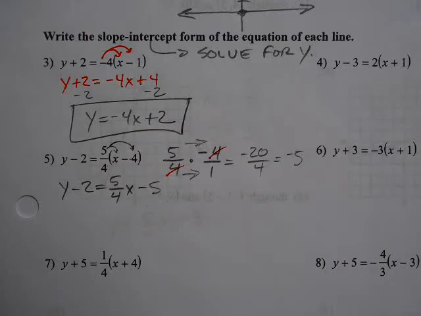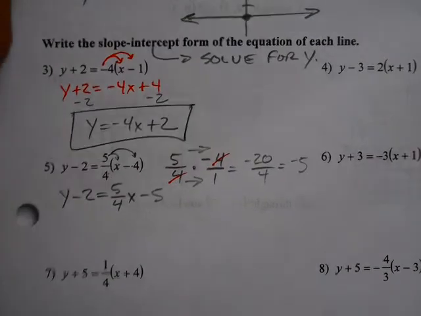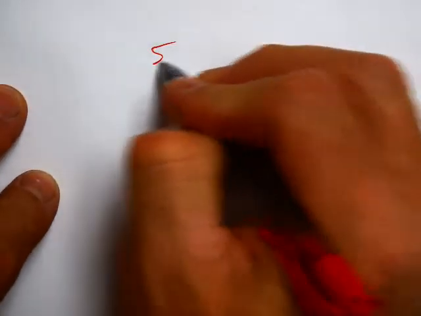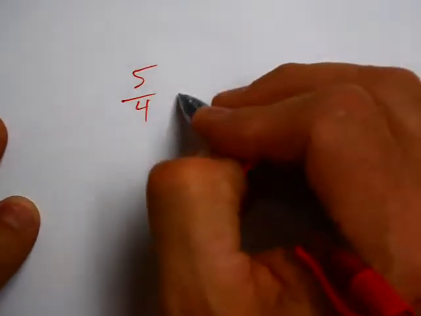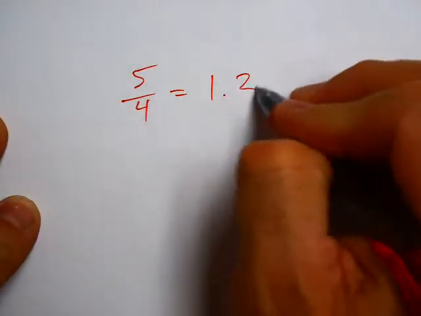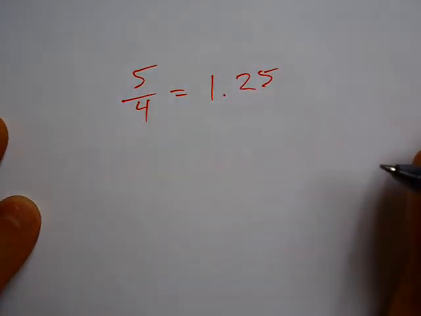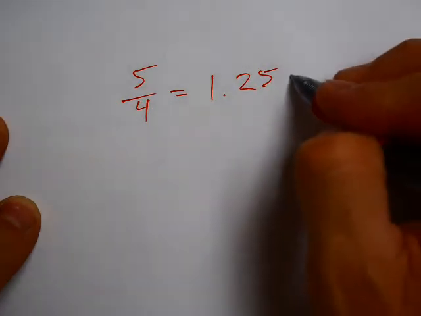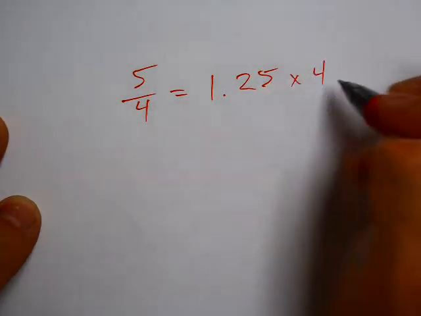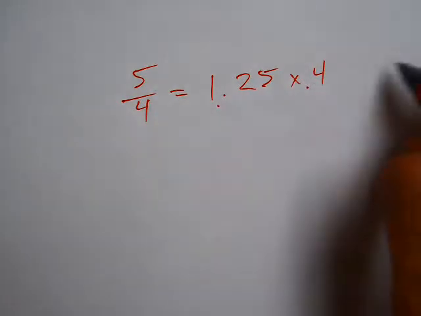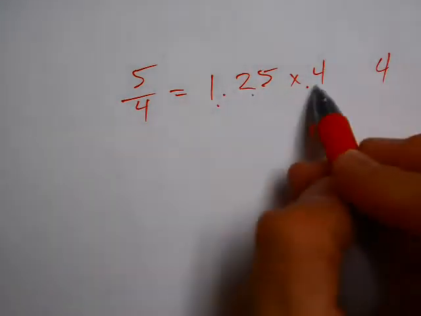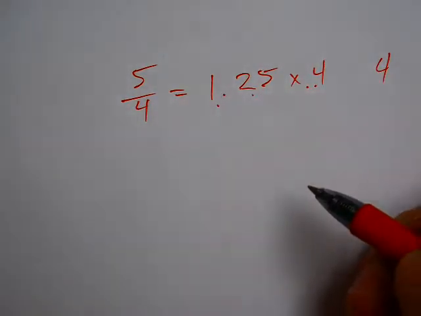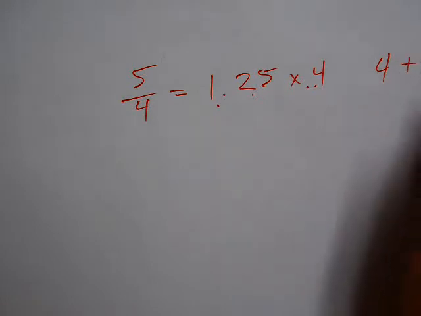So here's how he was thinking of it, I think. Let me get a piece of paper out here and show you what he had in mind. Cody saw that 5/4 was the same as $1.25, right? And he's multiplying $1.25 times 4. Well, 4 times $1 is $4. What's 4 times a quarter? Another $1.